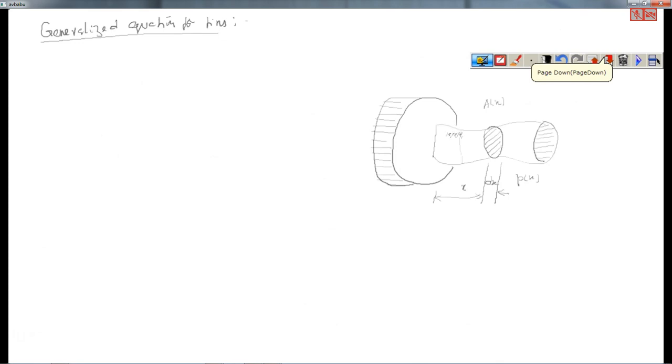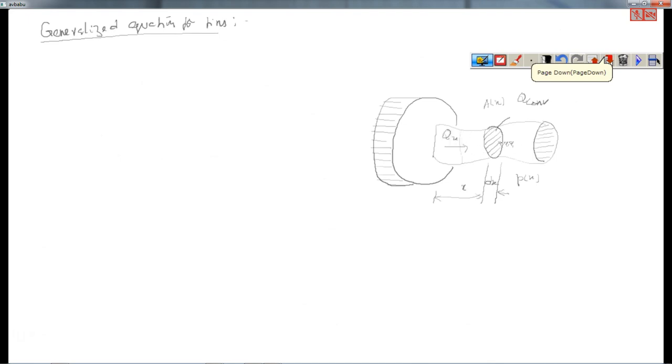Heat is convected like this, q convection, and heat is conducted to it like this, qx.